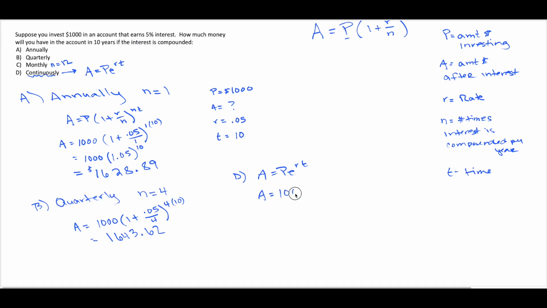So again, our P is still 1,000. We're multiplying by the number e. R in this case is the same as before, which is 0.05, and T again is 10. So we'll be looking at 1,000 times e to the 0.5 power, multiplying the 0.05 times 10.